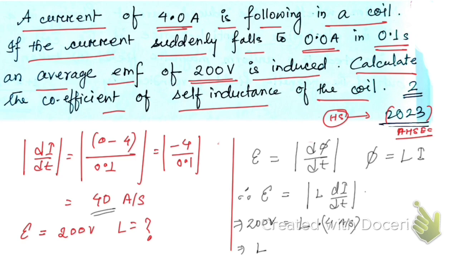So L, which is self inductance, is equal to 200 divided by 40, and its unit is Henry. Cancel 200 by 40, then it's going to give you 5 Henry. So now let's move on to the next question.